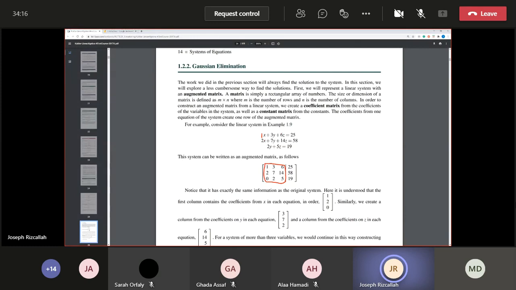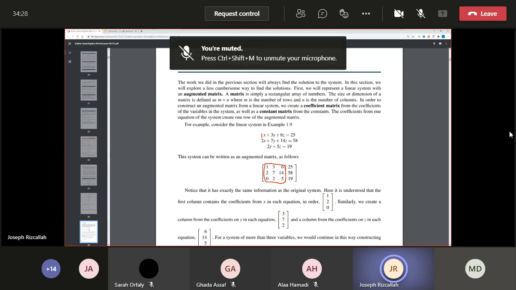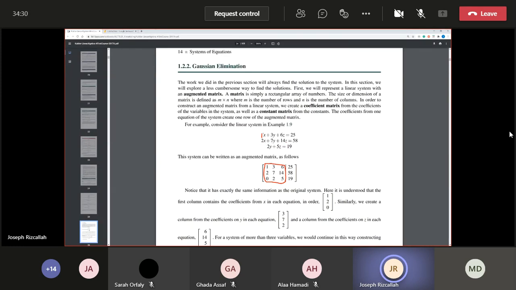The second equation has a 2 for the x, so you see here the first entry in this row is the 2, and then the 7, and then the 14, and so on. So what we are doing is we are taking the coefficients of all the equations and we are arranging them in a table, like this. And this table is called the coefficient matrix, okay? This is called the coefficient matrix.